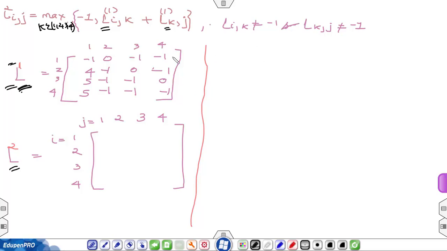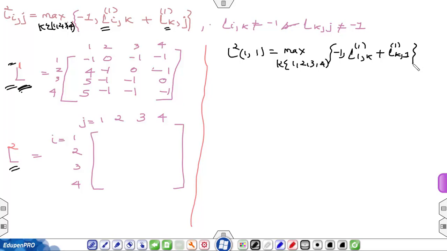So starting with 1 comma 1, L2 1 comma 1 will be the maximum over k equal to 1, 2, 3, 4, of minus 1, or L1 comma k of matrix 1 plus Lk comma 1 of matrix 1.